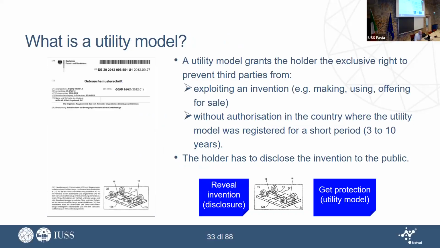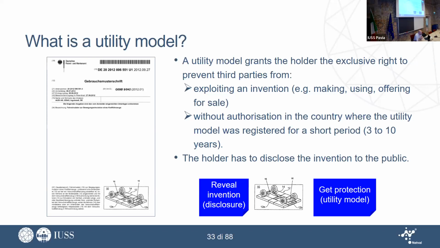Utility models are intellectual property rights that protect the technical invention, like a patent does, but differently from the patents. Utility models are available in some countries, like China, for example, Japan, but not in all the countries.